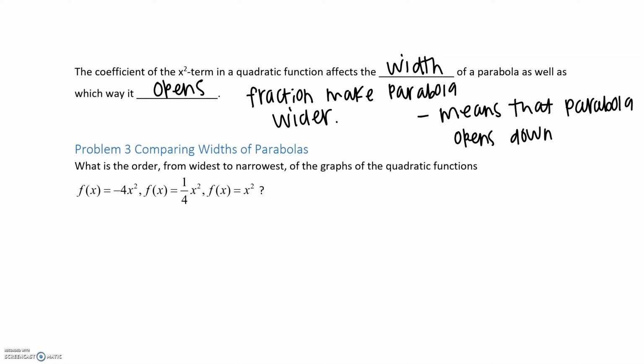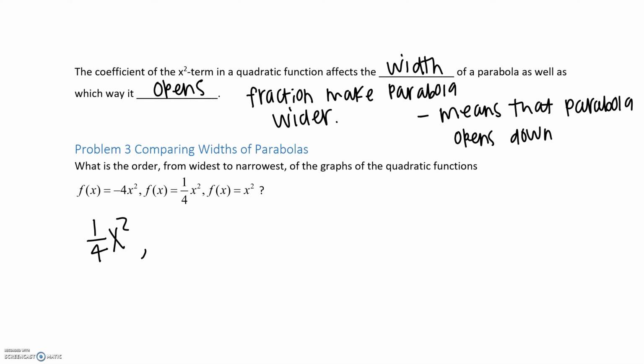Okay, so when we are going through the order of whether it's widest to narrowest, what we're looking for is whether it has a fraction or not. So when it has a fraction, that means it's going to be the widest. So for our first one, we're going to have 1/4 x squared, because that is going to be our widest function. Then we're going to look to see what our next smallest coefficient is.